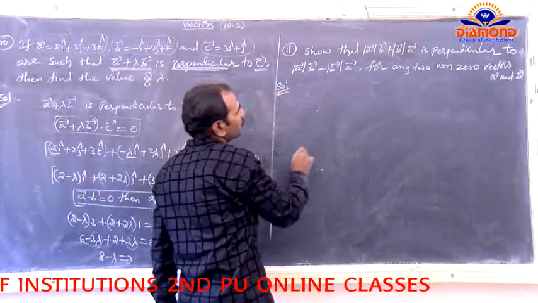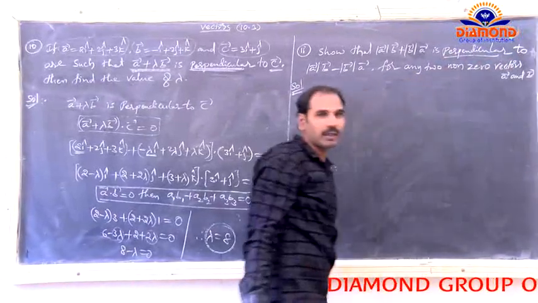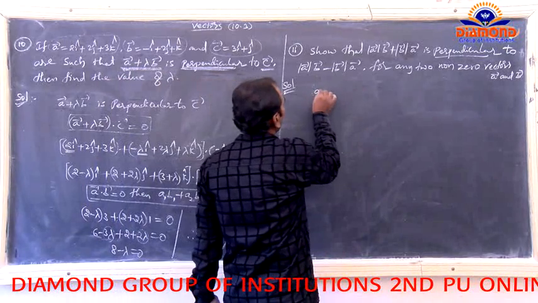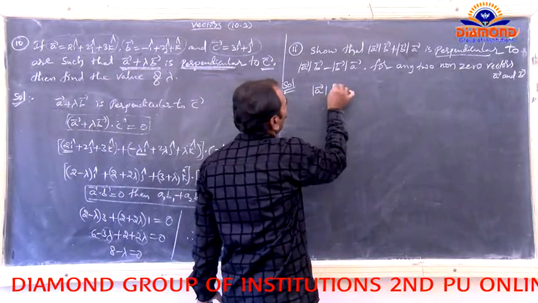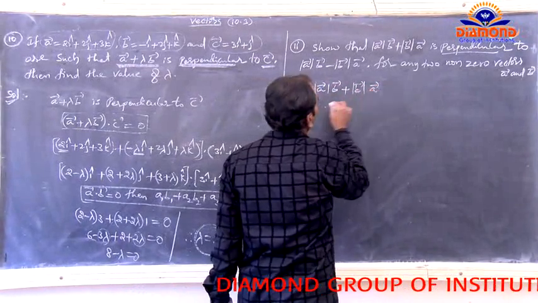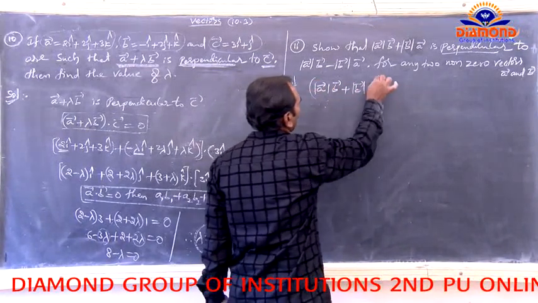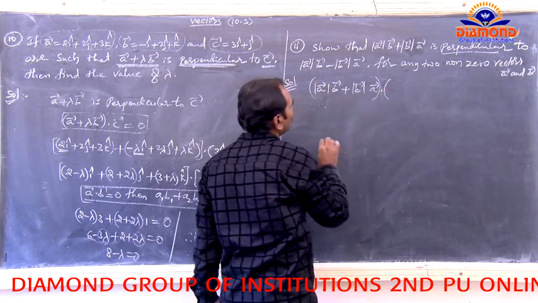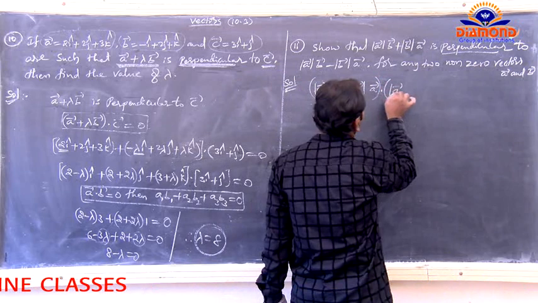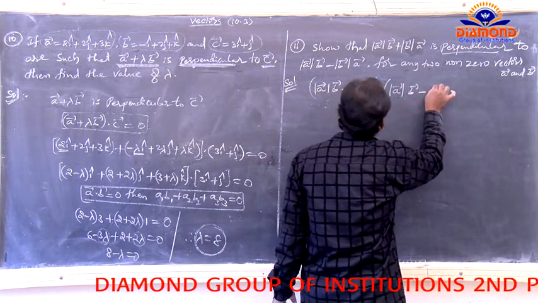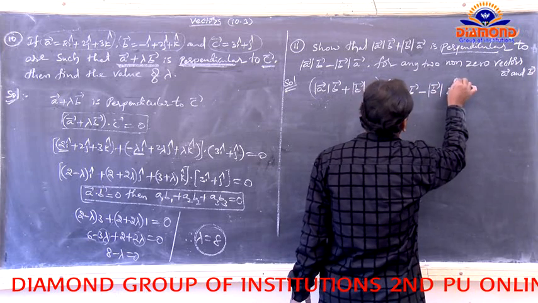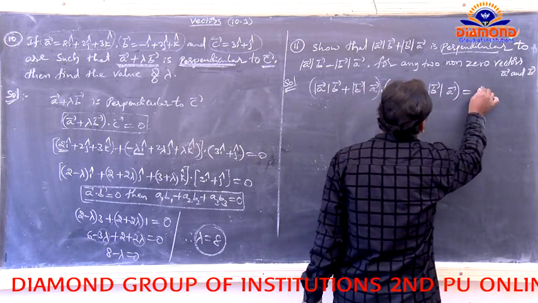It is also the same as that. Solution. What condition here? Perpendicular. Perpendicular means dot product is 0. So modulus of A into B bar plus modulus of B into A bar, into dot product, modulus of A B bar minus modulus of B into A bar equal to 0.